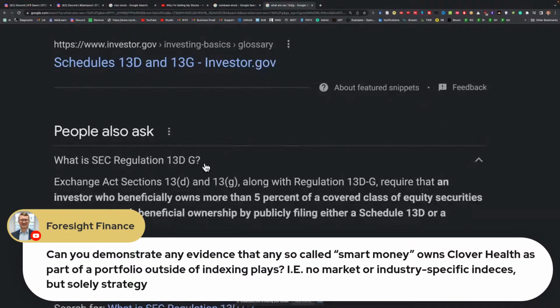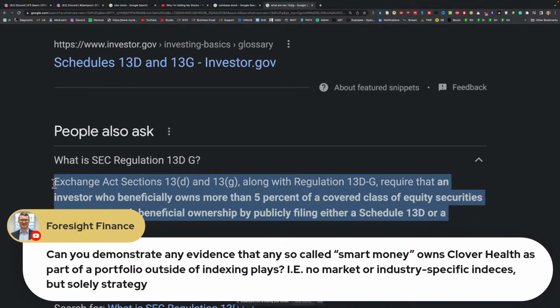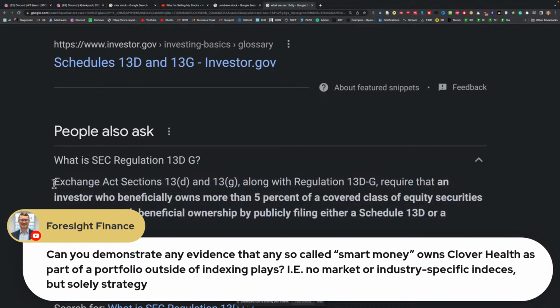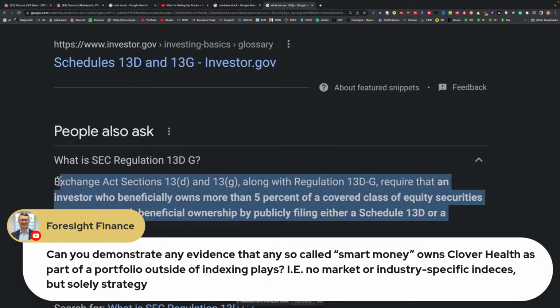There are certain criteria for who meets the filing requirements, which I consider smart money, right? And they're usually delayed by around 3 months or so, but they usually show a historic trend. So you can go ahead and take a look at those.